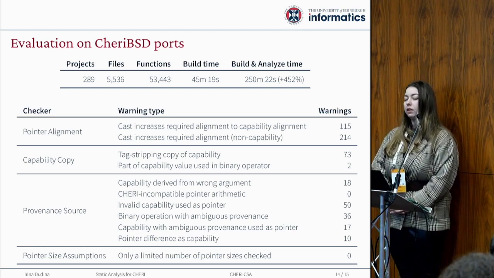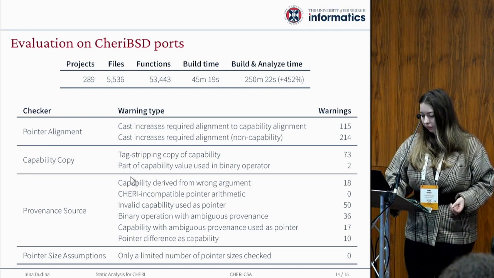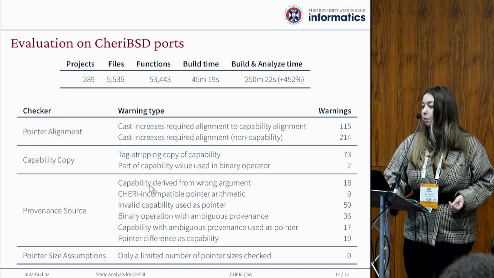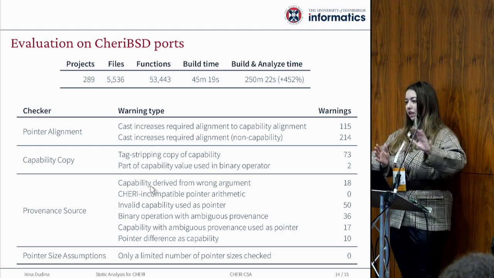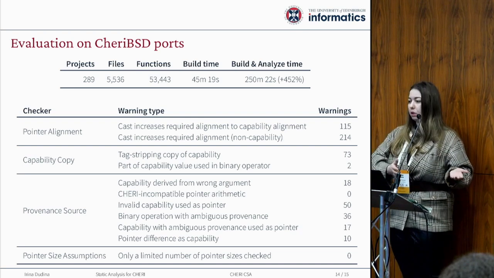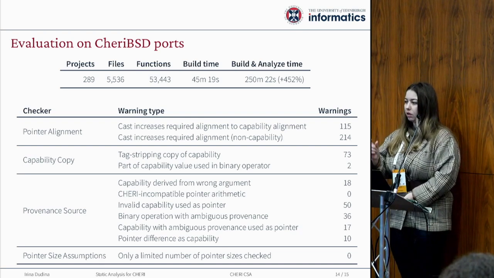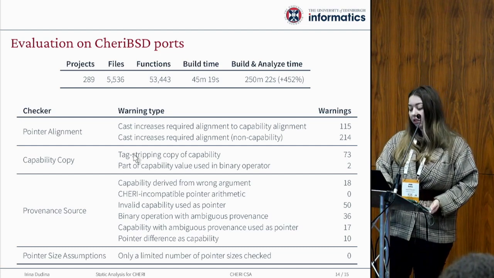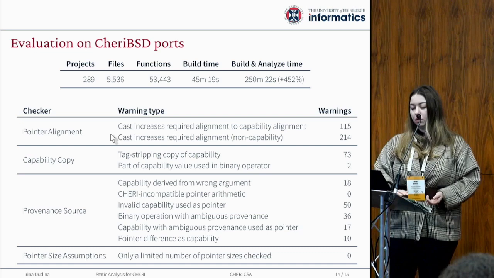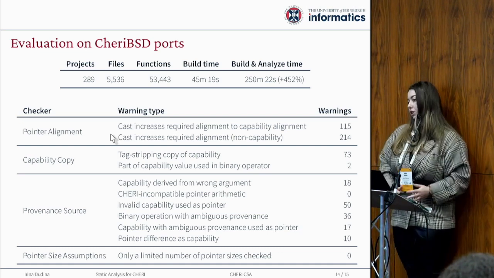So if we have, for example, issues with in-pointer T, it will be like 50 issues from that particular project and 0 from all others, because if you use in-pointer T, you will have them. If you don't, you will not have them. So those are from few ports, actually. That's not very true for the pointer alignment checker. Yeah, so this is more evenly distributed.